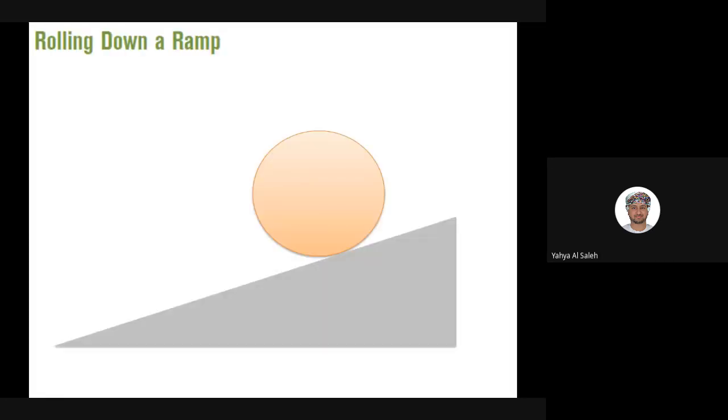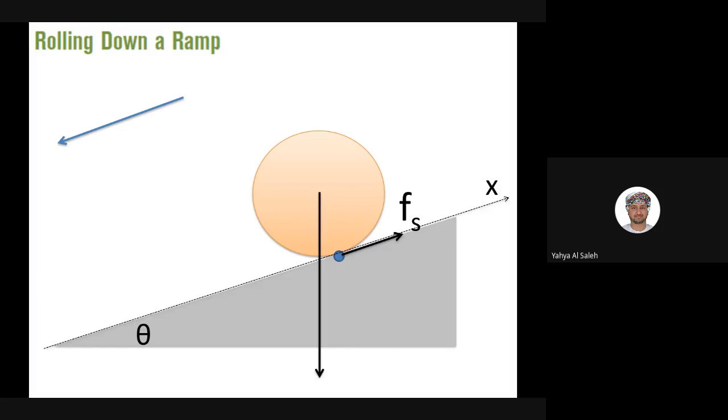So let's do this with an example. Say I have a ball that is rolling down the ramp. I have my friction force. I have my gravity force. Now you will notice that the gravity force is from the center of mass, while the friction force is at the touching point. Okay, this is very, very important.